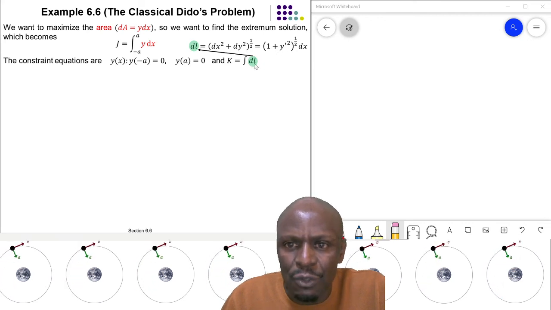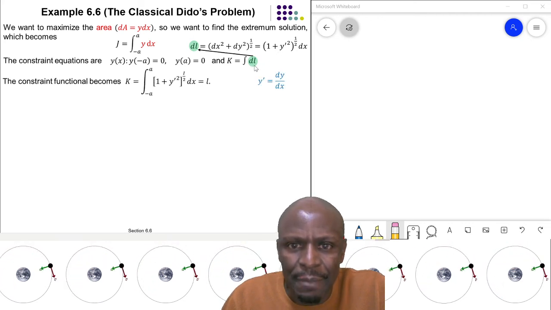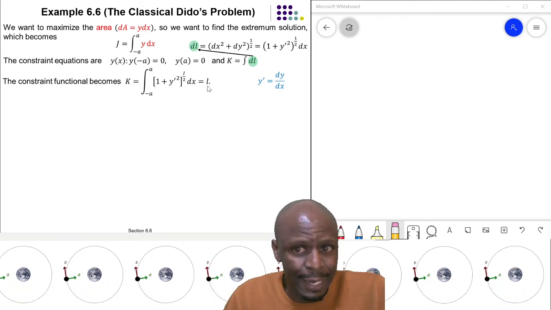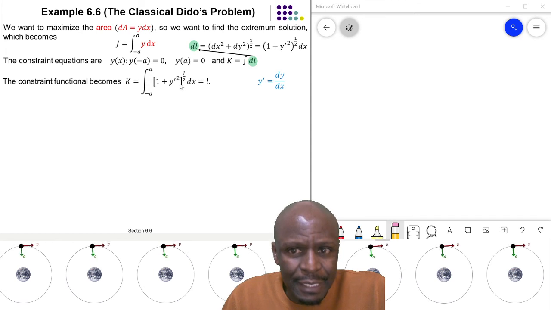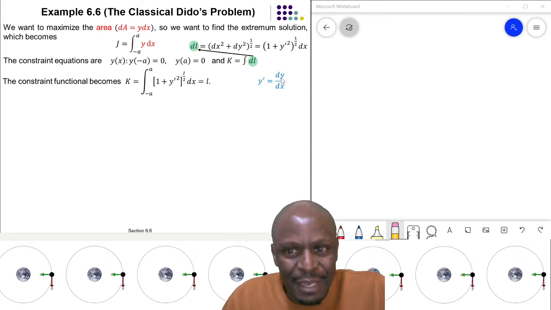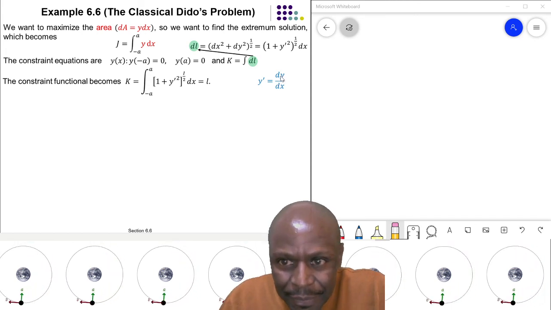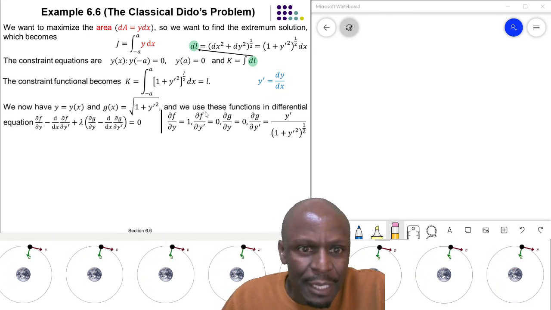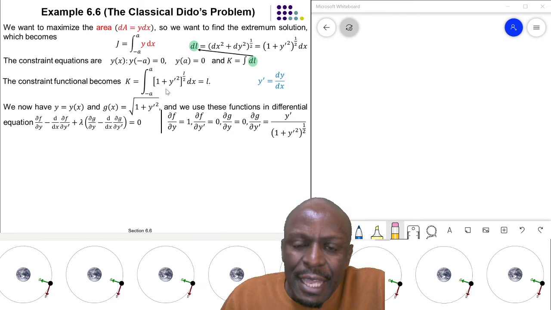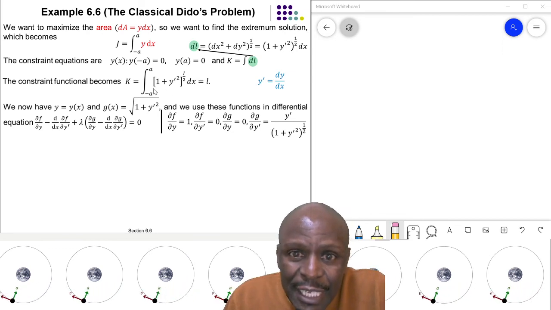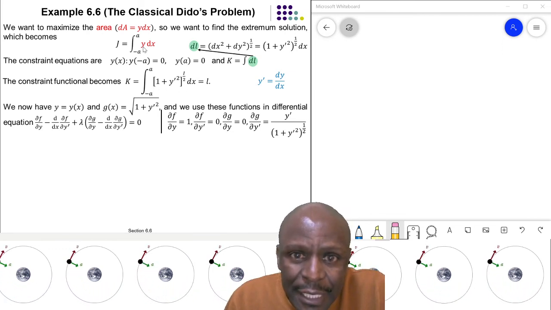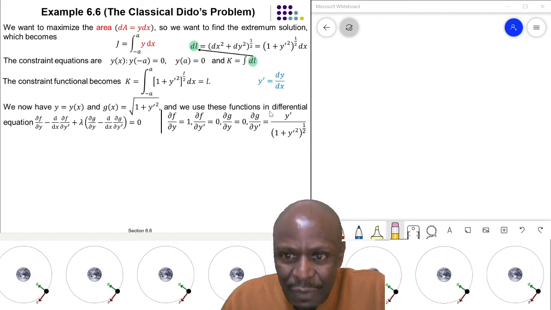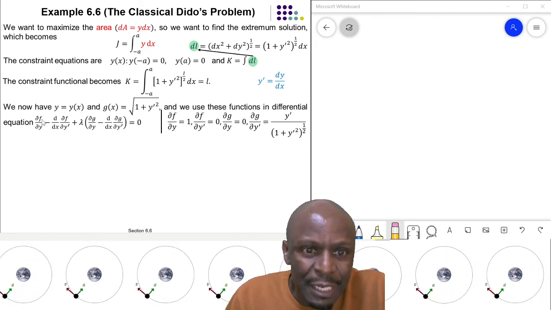Now we are just going to plug that into that equation, which must be equal to the total length L. Remember that y prime is given by the differentiation of y with respect to x. In that case, we have determined g, we have also determined f, and we use the function in the differential equation.